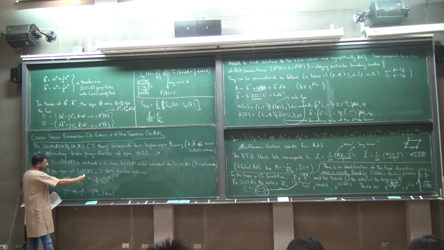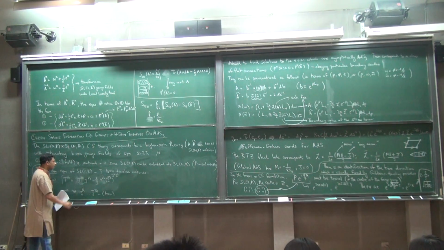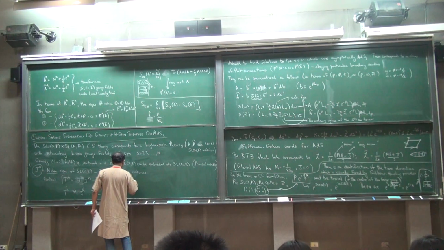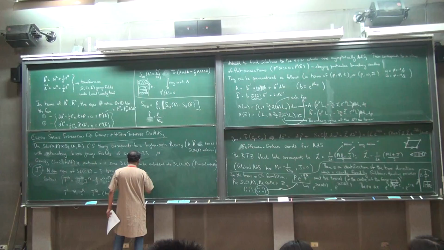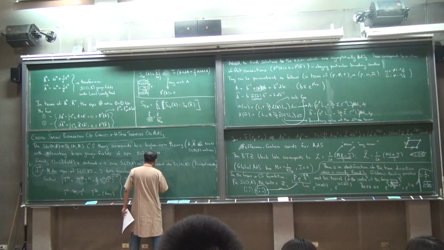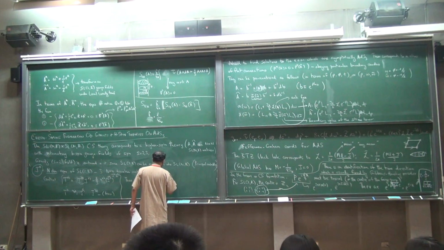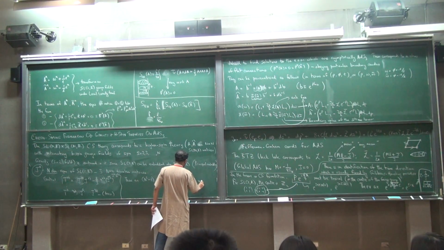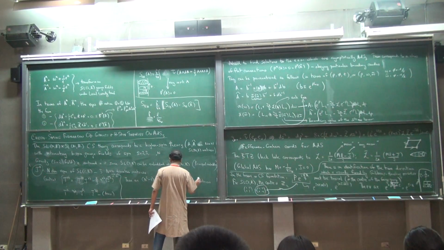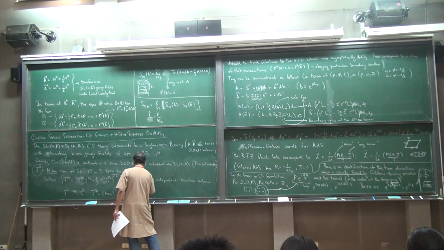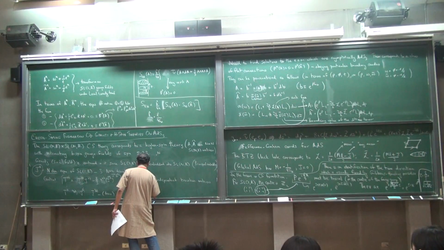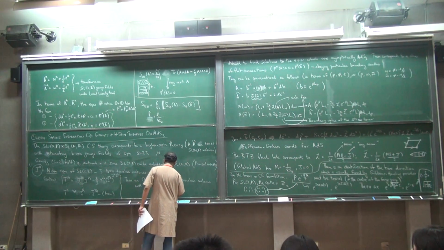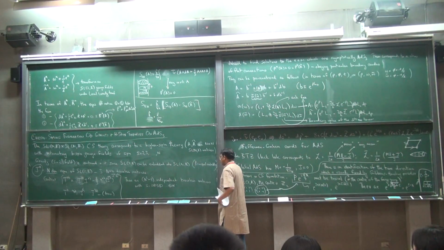So I go on and do this up to my maximal n, and I claim these are n squared minus 1 independent traceless matrices with s equal to 2, 3, and so on.